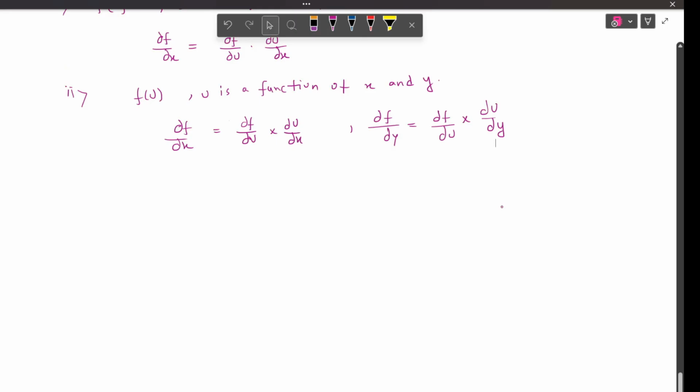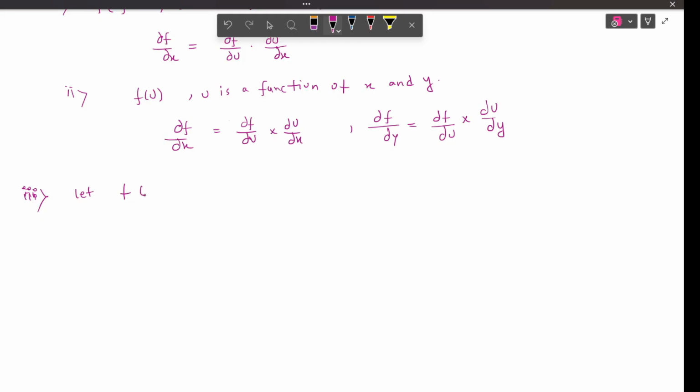Now let us see another scenario. In this scenario, let f(u,v) be a function of u and v.